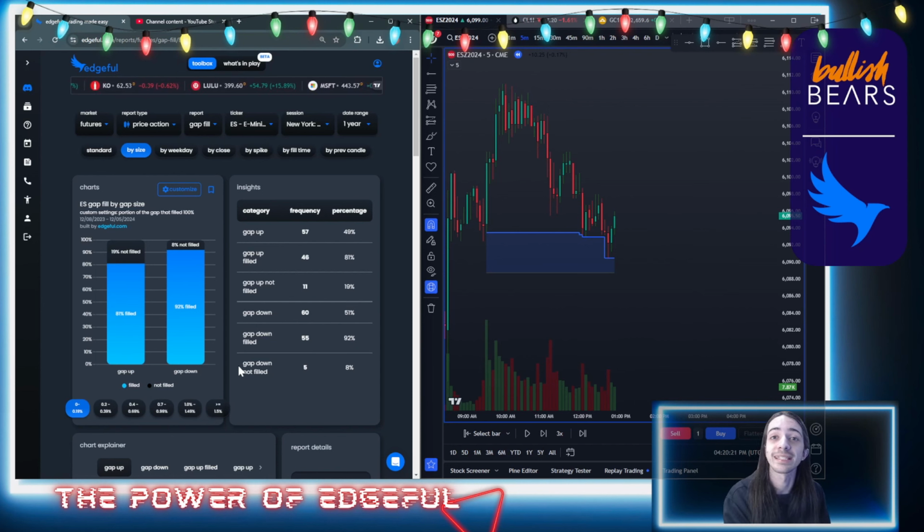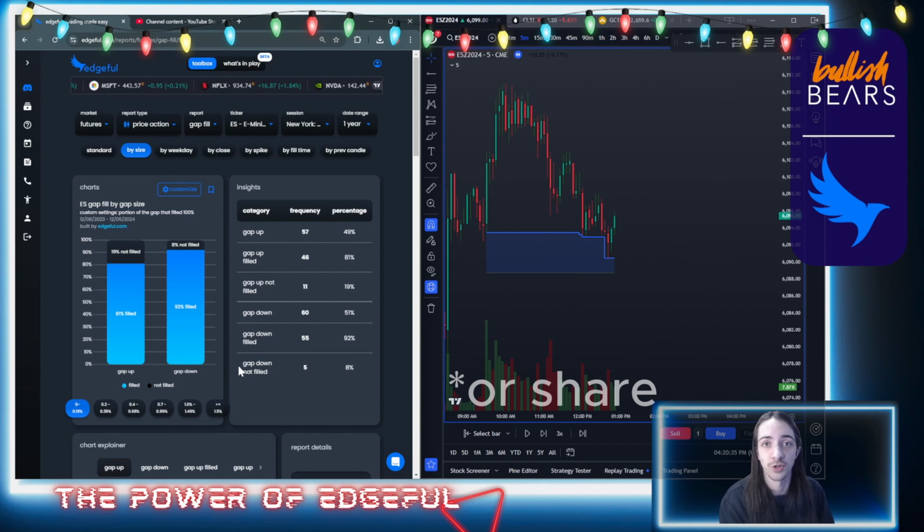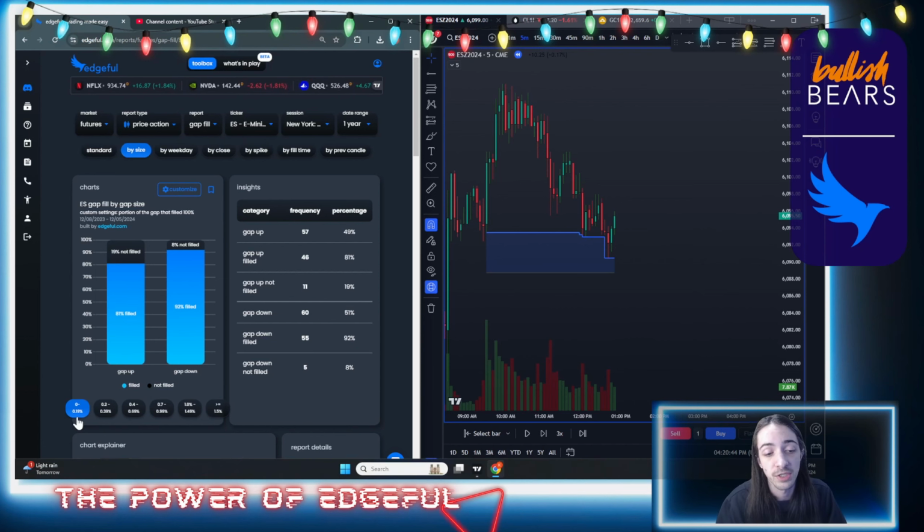So if it's a 10-point gap fill on ES right now while our range is 50 points, that might be an easier gap to fill than a 10-point gap fill about a year or two ago when ES wasn't around 6,000 per contract, right? So we're already looking at a very high market. That's why percentage is so important, and that's why we go by percentage.